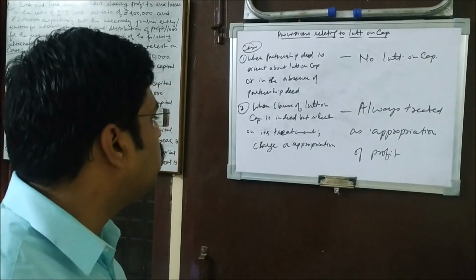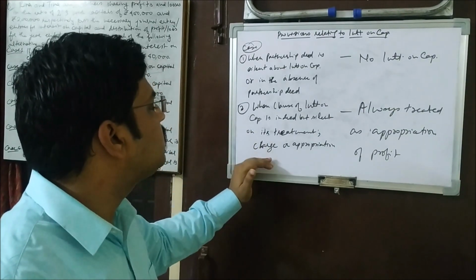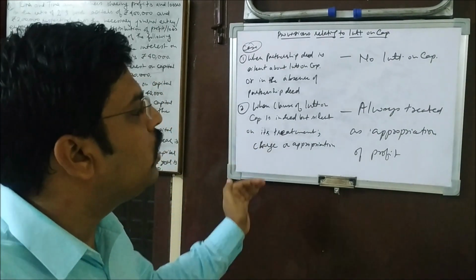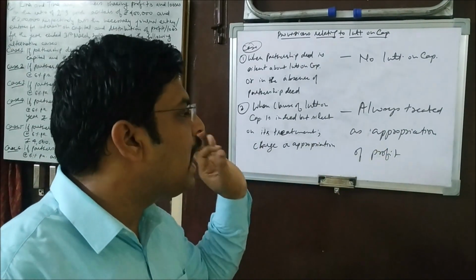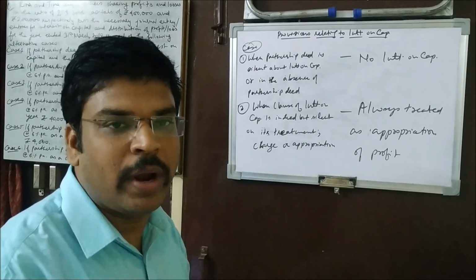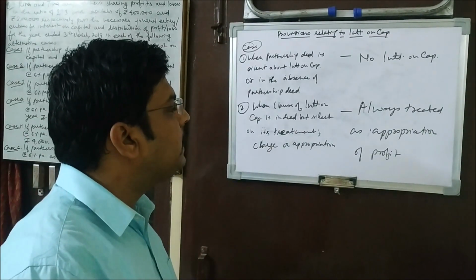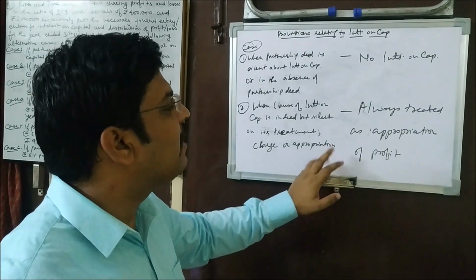Once again I explain: when the deed exists and the deed has the clause as well, but it is silent about the treatment, whether it is to be treated as charge or appropriation, it is supposed to be treated all the time as appropriation in the absence of any specific information. But one thing I would like to mention here: that will be done only when the profit is available.